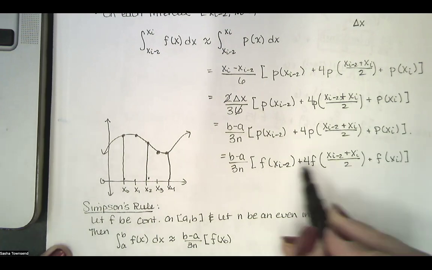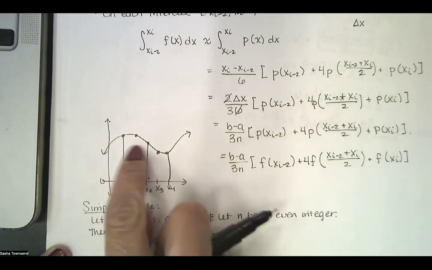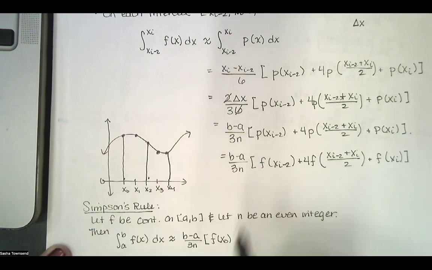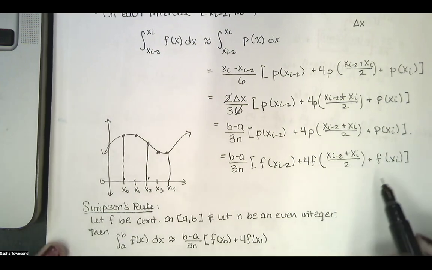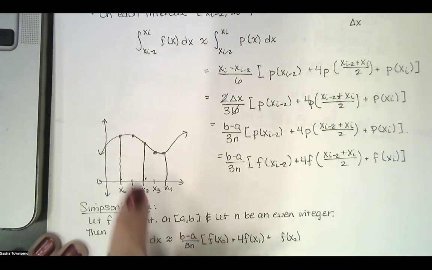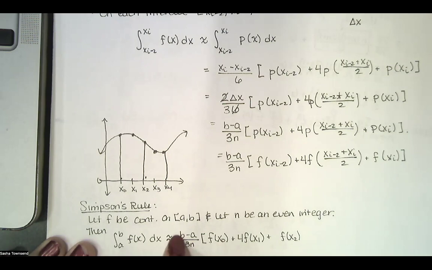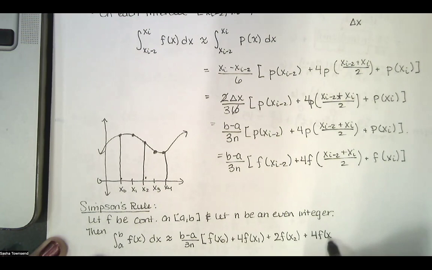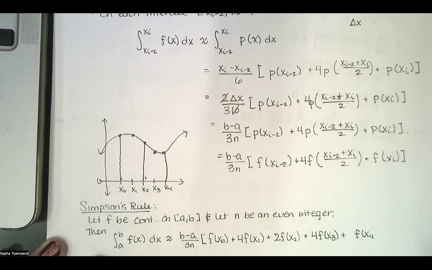And then we're going to use this approximation, so you get a polynomial approximation for those first 3 points. We'll have f at x0 plus 4 times f at x1 plus f at x2, right? And then for the next interval, we can factor out that b minus a over 3n. We'll have f at x2, and I already have one of those from the previous interval, so I have 2 of those, plus 4 times f at x3 plus f at x4.